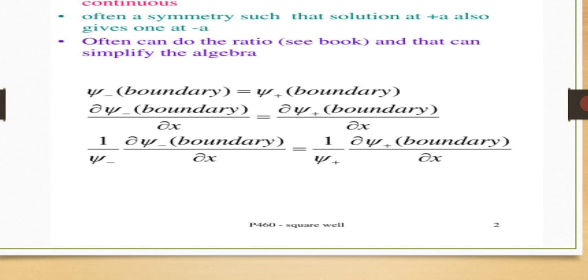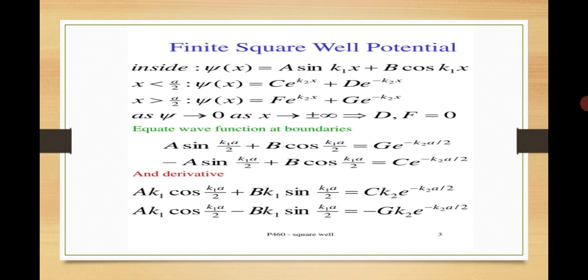So the derivative of psi at the minus boundary equals the derivative at the plus boundary: 1 upon psi minus, d psi minus by dx, is equal to 1 upon psi plus, d psi plus by dx.